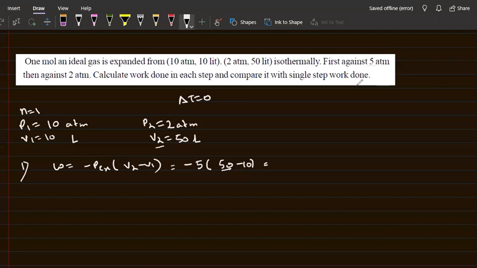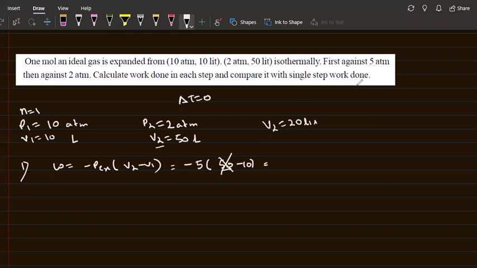So we will solve using P1V1 equal to P2V2, or you can just use PV equals nRT. Yes, Jasharan. After solving this, V2 will be 20 liter. Got it? So instead of writing 50, you should write 20, because this V2 is at 5 ATM now.